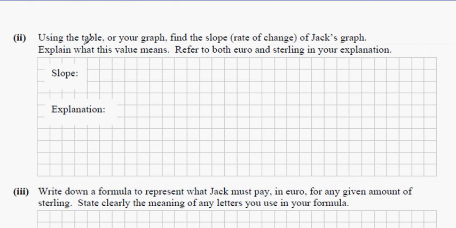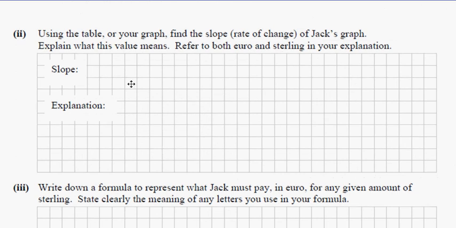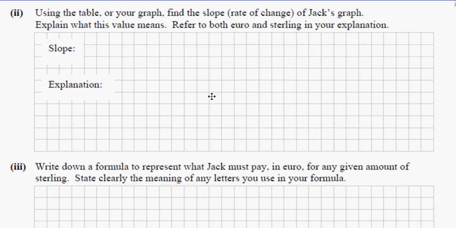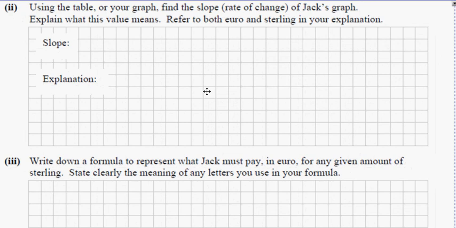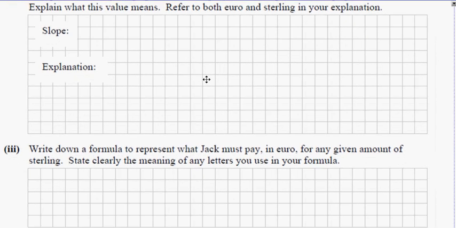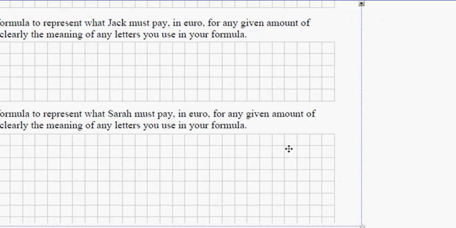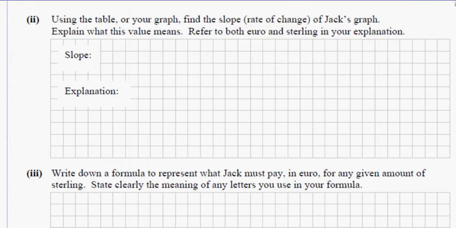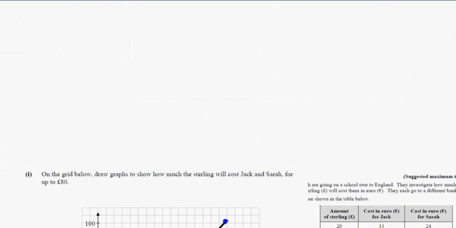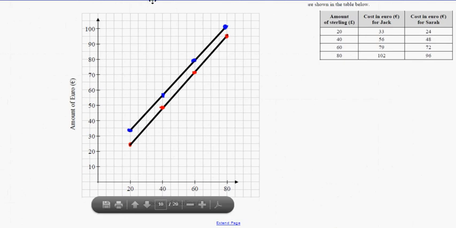Now, using the table or your graph, find the slope, the rate of change of Jack's graph, and explain what the value means. Refer to both euro and sterling in your explanations. So we're going to get the slope of Jack's one, the blue dots.